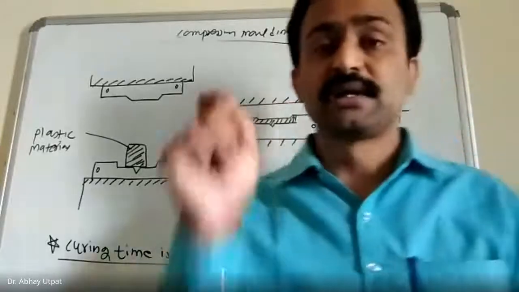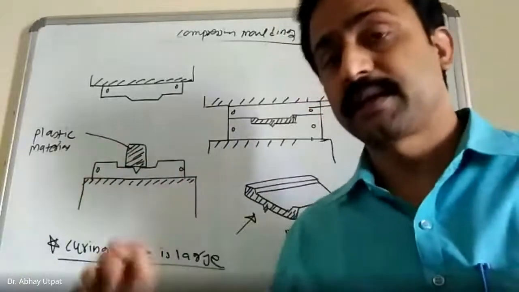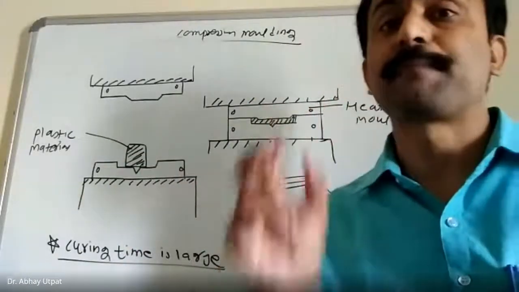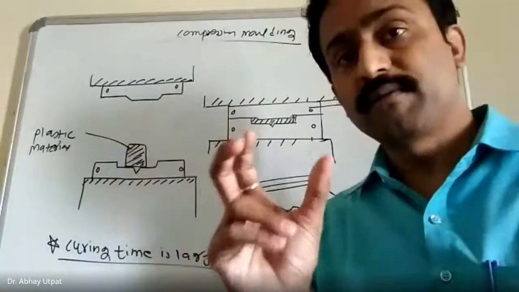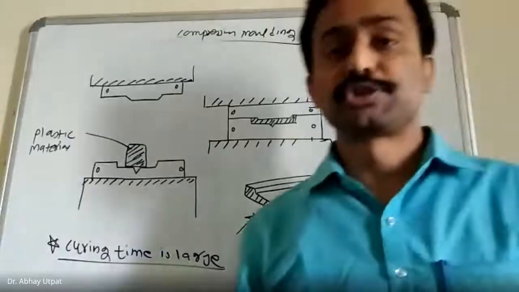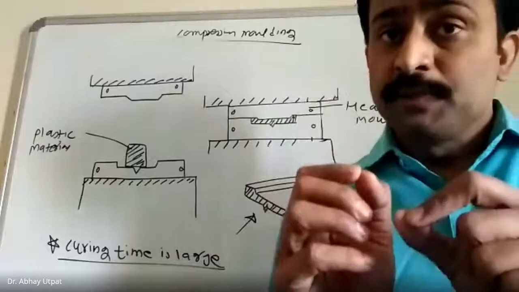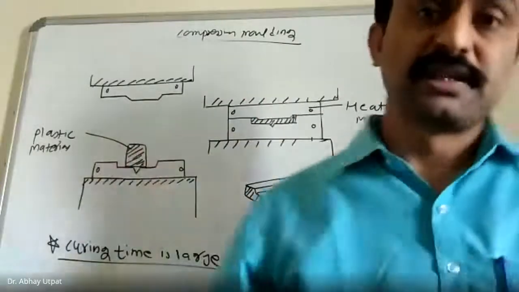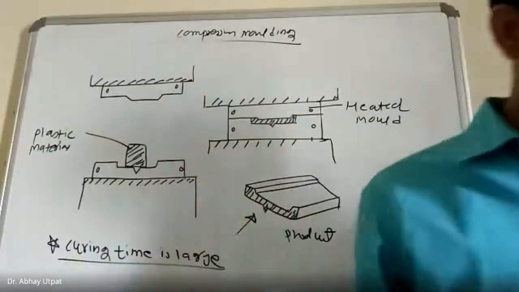So you can write scrap can't be reprocessed. Then what care is taken here? Care is taken to keep scrap minimum. That's why the material is calculated considering the volume of the chamber or die. So the correct volume is calculated and accordingly the material is kept. Otherwise, once you heat and cool it, it will become hard.